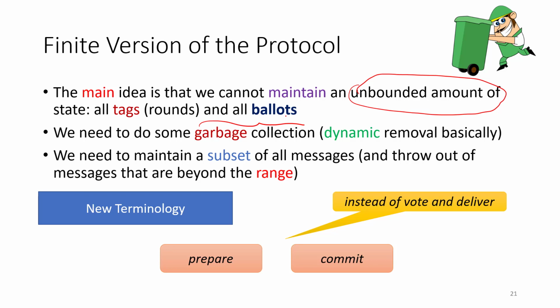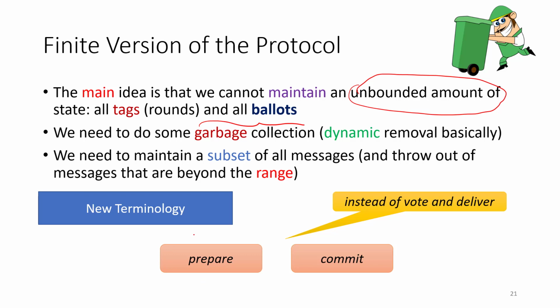And also, we don't maintain all the messages and all the state, but we maintain a subset of the full state, or a subset of the full set of messages. And anything that we feel is beyond the range, in the sense that it should not be maintained or can be inferred, is removed. So again, we'll have some new terminologies.